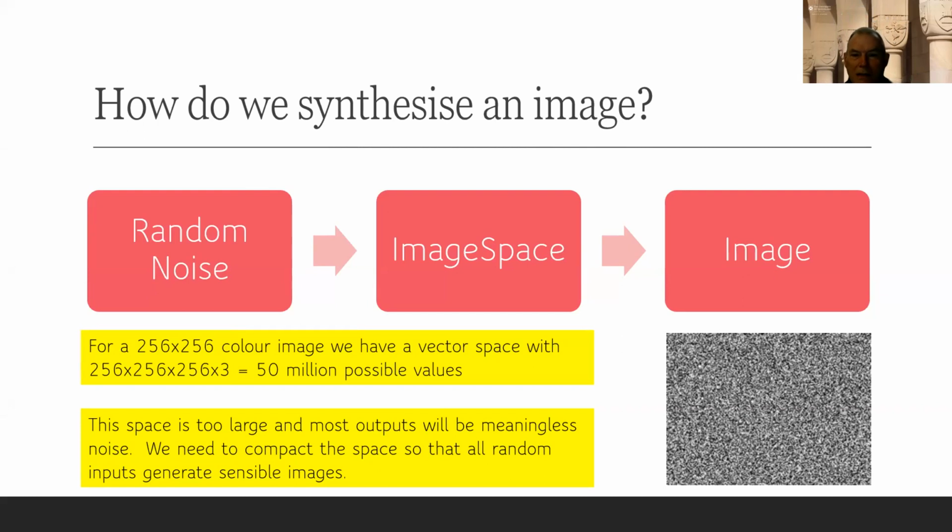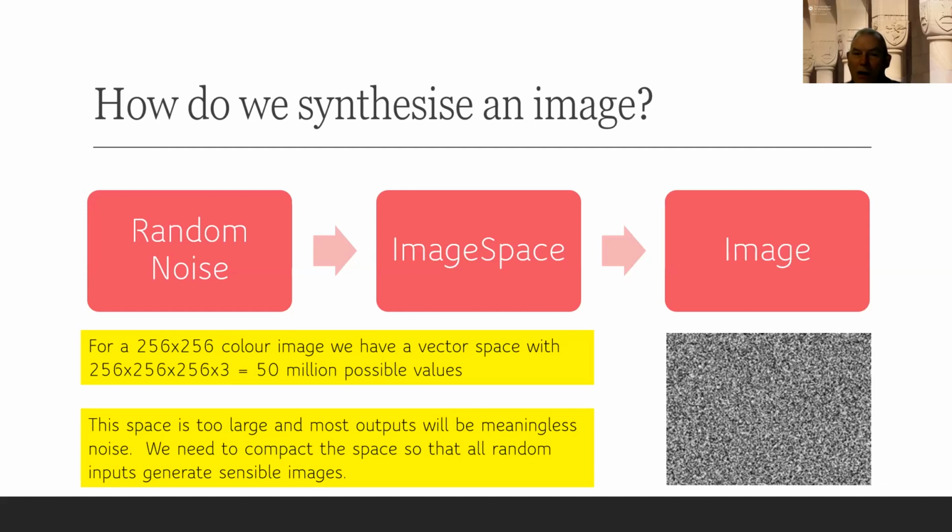So let's see how you can synthesize an image. Let's take a look at a naive view. To synthesize an image, we generally start with random noise, and then we modify it to some extent. Imagine we have a small image, say a 256 by 256 color image.